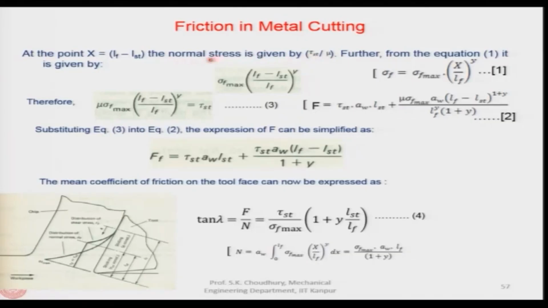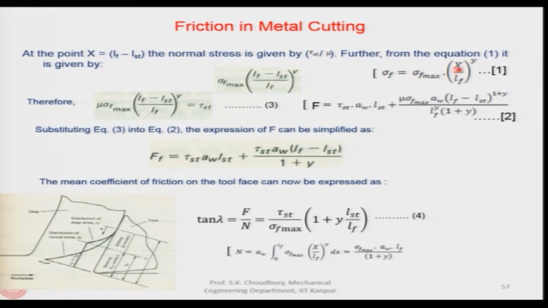So, therefore, the normal stress can be given as tau ST divided by mu at this point, but from this side we can find out that from equation 1, sigma f is equal to sigma f max x by LF to the power y.